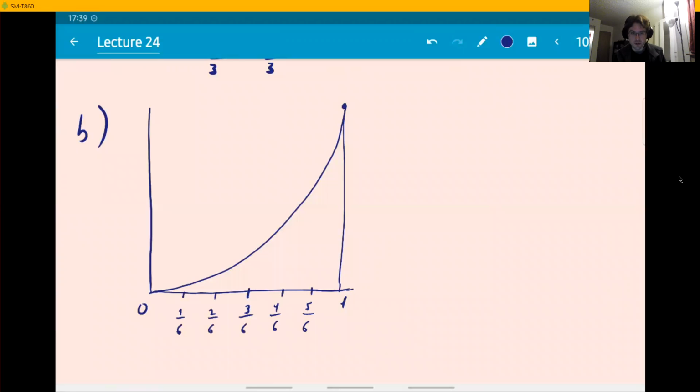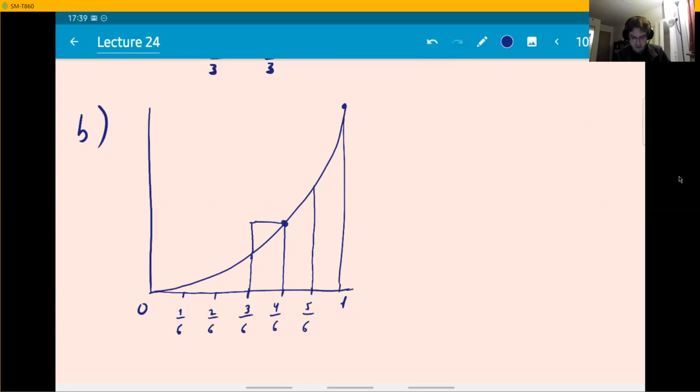For each one of these intervals, let's look, for example, at the one between 3/6 and 4/6. For each one of those, there's going to be a rectangle whose height, just like in item A, should be the value of the function at the right end point of that piece, which would be 4/6 this time.